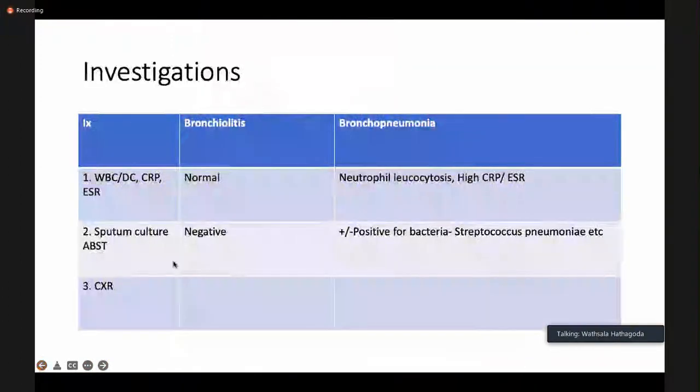The other test is the sputum culture. In bronchiolitis, since it is mostly due to viruses, you won't get any yield. But if it is bronchopneumonia or lobar pneumonia, sometimes you might see a positive bacteria. So likewise, you can categorize your investigations.